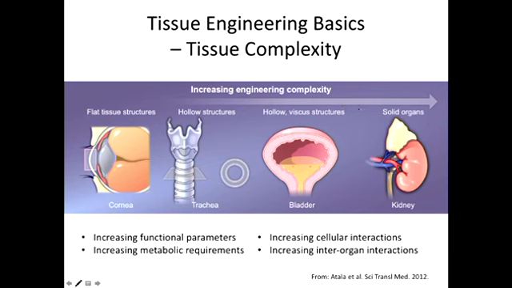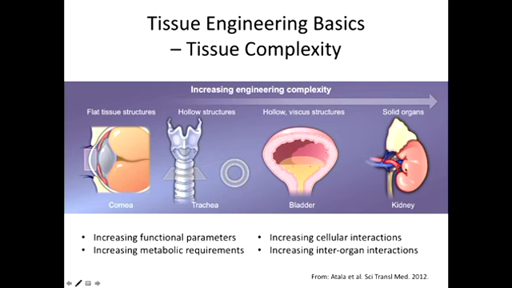So you need further complexity if you go from a flat structure to a hollow structure. So a trachea would require a couple of different layers. If you're thinking about a bladder, then you would need some inner epithelial cells. You need smooth muscle around the outside. It would need to have functional capacity. It would need to be able to hold liquid or hold urine and respond to different cues to be able to either contract or relax that smooth muscle as appropriate.